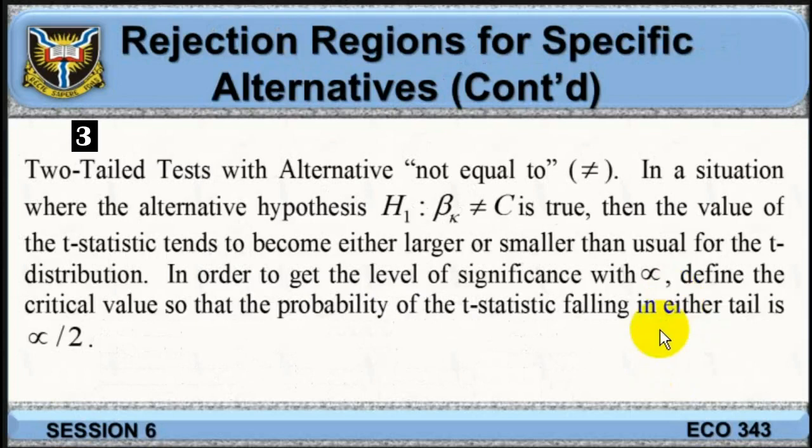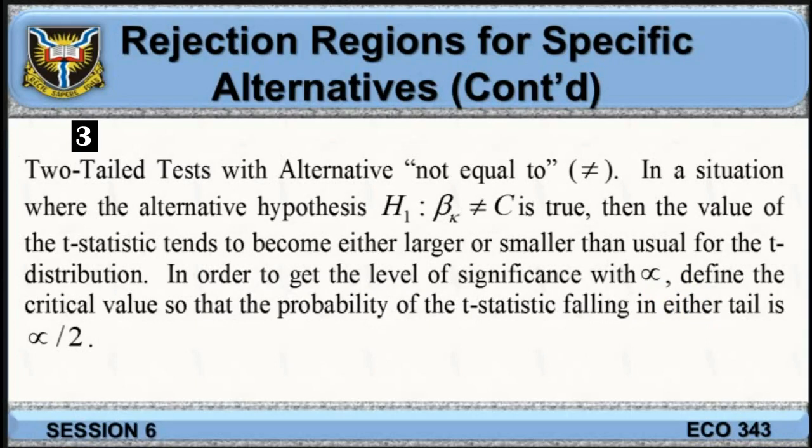3. Two-tailed test with alternative not equal to. In a situation where the alternative hypothesis H1 such that beta x is not equal to C is true, then the value of the t statistic tends to become either larger or smaller than usual for the t distribution.